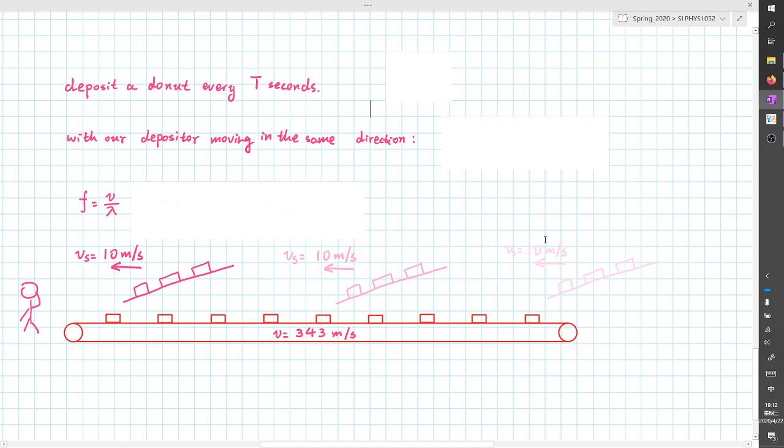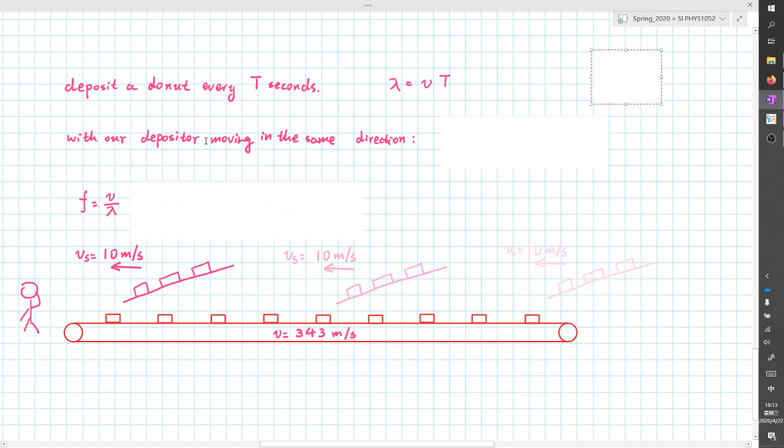This is also the information we can use to calculate the distance between the donuts, because every time a new donut drops onto the conveyor belt it travels a fixed distance, represented by lambda. Lambda equals v times t, t being the time between donuts produced.